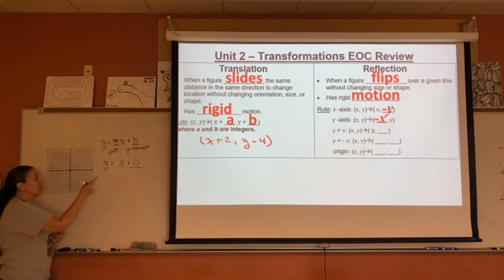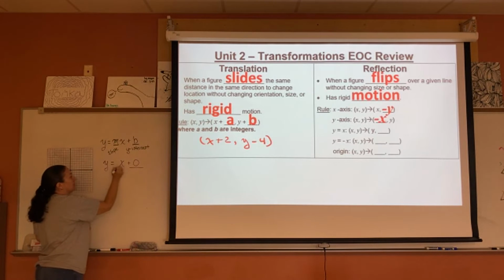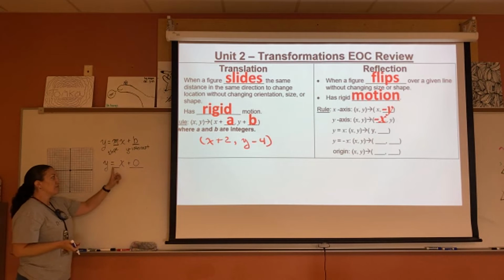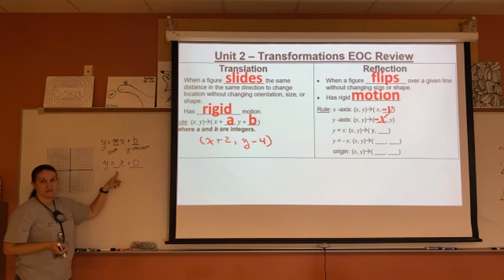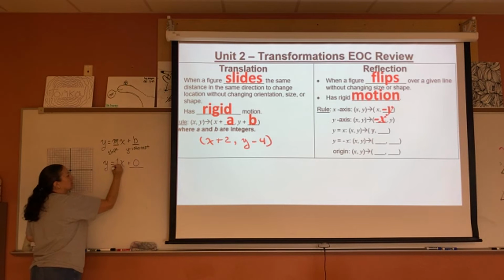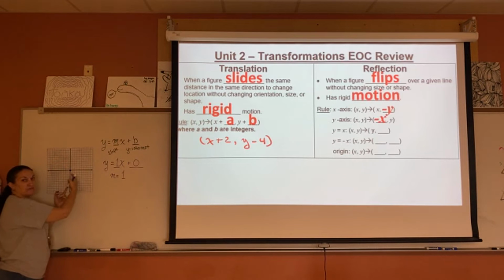Okay, then we need the slope, the m. Again, there's not anything there, but this is different because this is not being added or subtracted. This number is being multiplied times the x, so it can't be 0. So what is understood to be here in front of the x? A 1. Okay, so I now know that my slope is 1, and I can use that slope to graph more points by doing that rise over run.